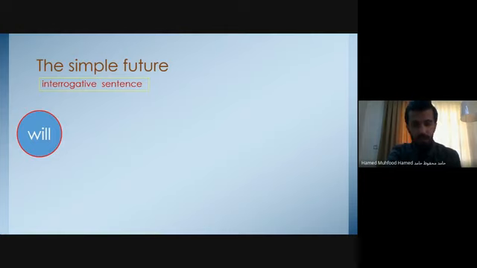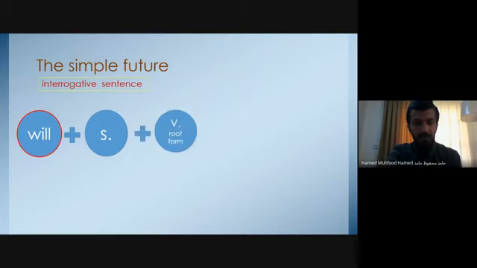You should start with the auxiliary verb will, and then after will, we should have the subject of the sentence, which should be followed by the main verb of the sentence in its root form, and then we may have a complement.